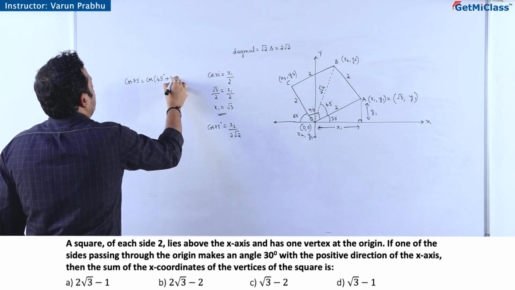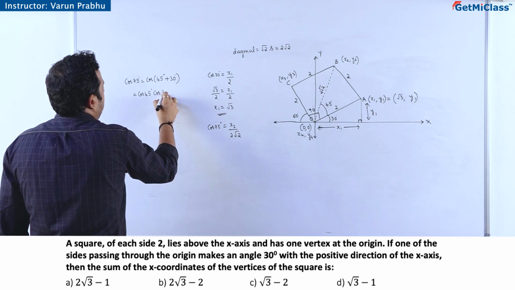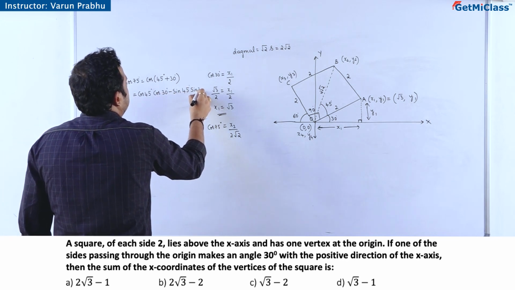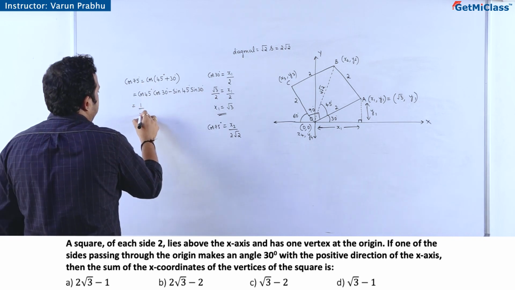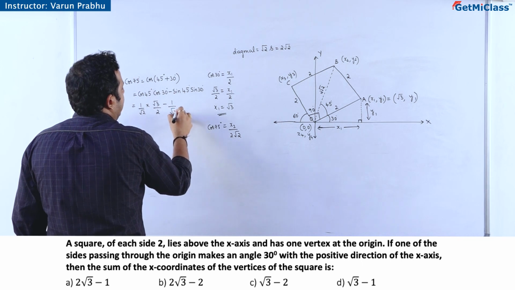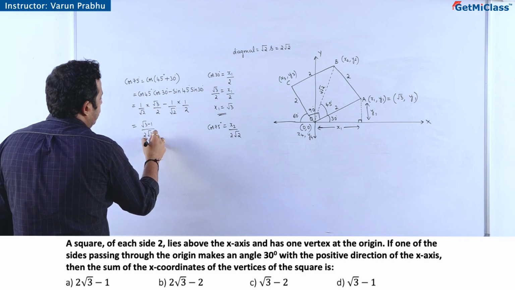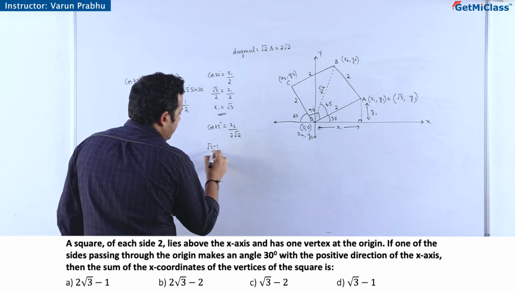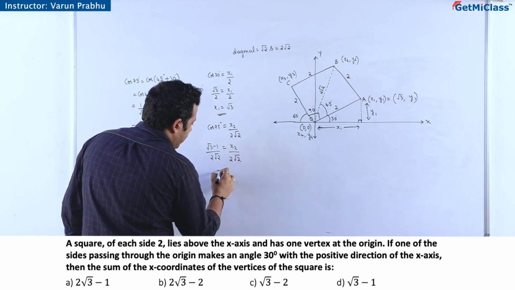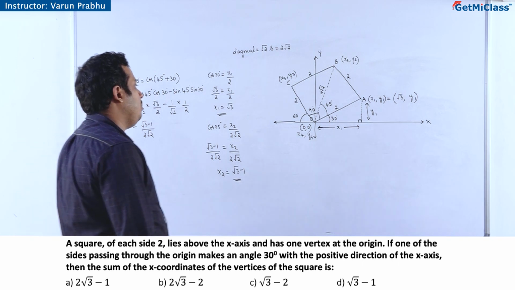Cos of A plus B is cos A cos B minus sin A sin B. Cos 45 is 1 by root 2, cos 30 is root 3 by 2, minus 1 by root 2 into sin 30, which is 1 by 2. So the answer is root 3 minus 1 divided by 2 root 2, equal to x2 divided by 2 root 2. So the value of x2 is root 3 minus 1.